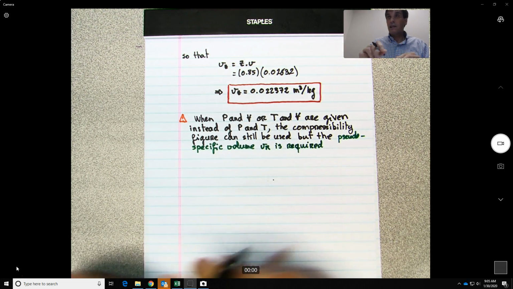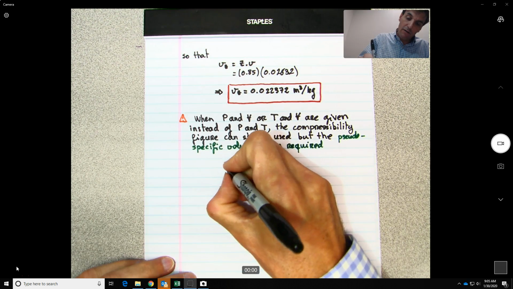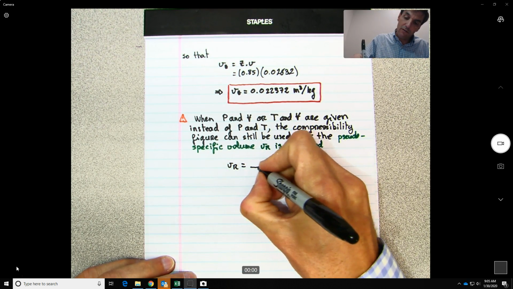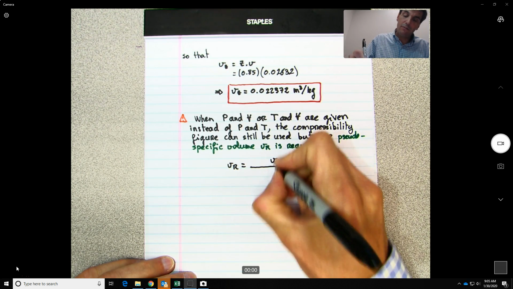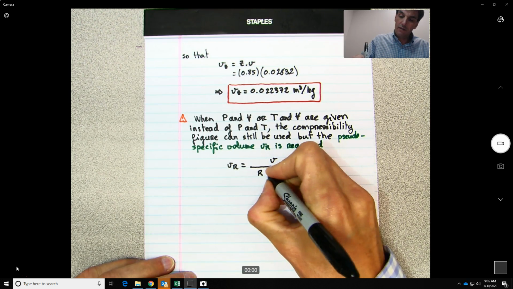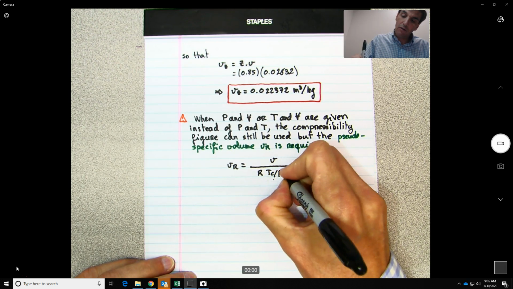VR is just defined as the specific volume divided by R T critical over P critical.